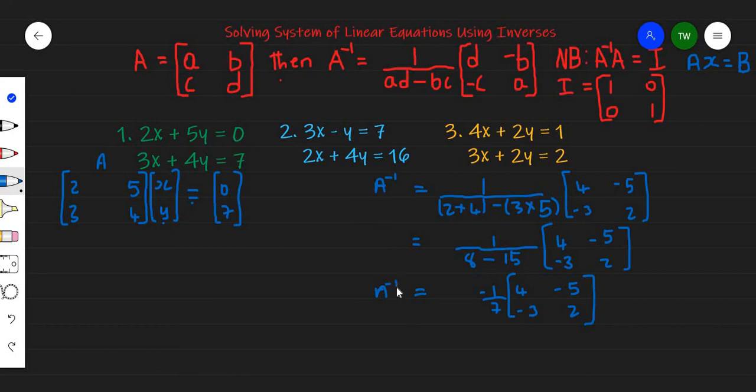Now after you find what A inverse is, you're going to use A inverse to multiply both sides of your equation here.